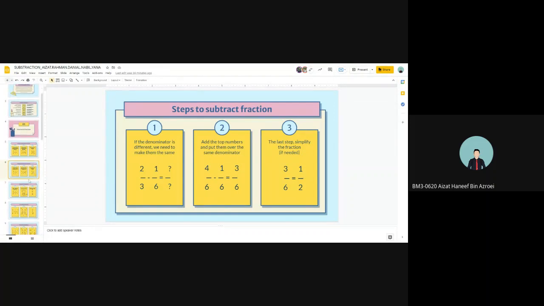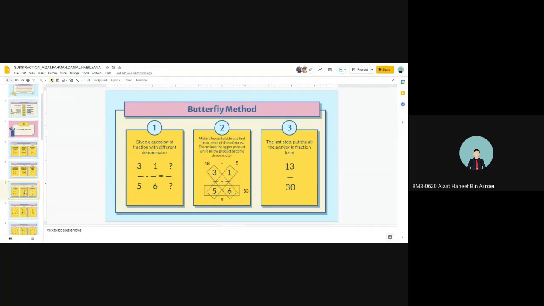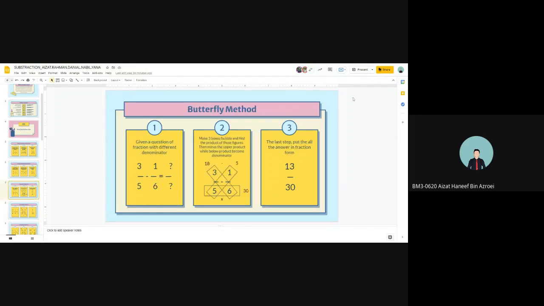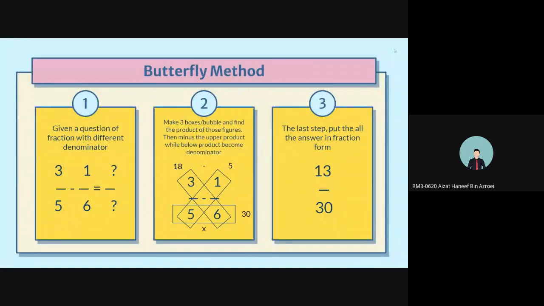Okay, next is the alternative algorithm. Oh, sorry, I did not present. Okay, maybe this is clearer. It is called the butterfly method. This is for a question of fractions with different denominators, for example, 3/5 minus 1/6.